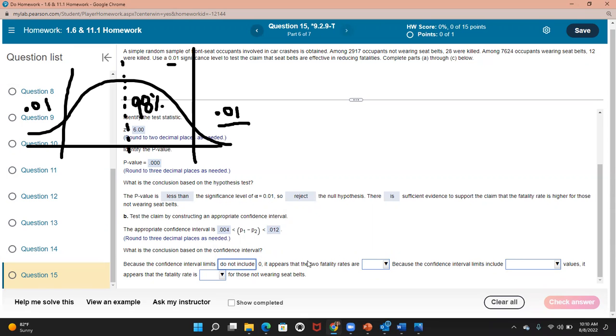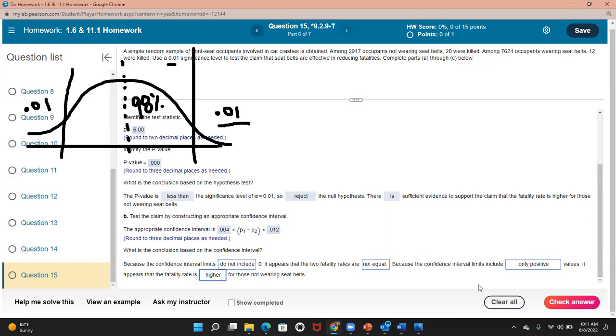But these do not include zero. It appears the two fatality rates are not equal because the confidence interval includes only positive values. It appears the fatality rate is higher for those not wearing seatbelts.